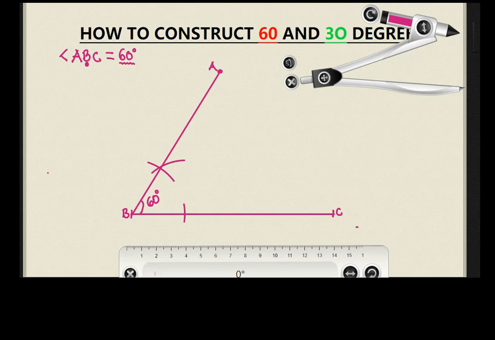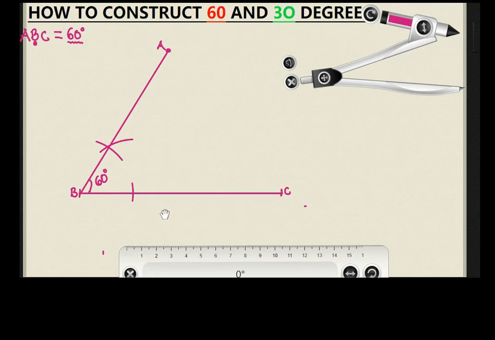Now if you want to construct 30 degrees, you can use 60 and bisect it so that you can get 30 degrees.